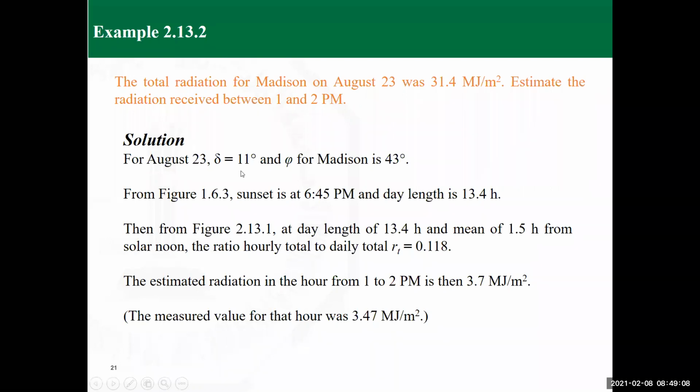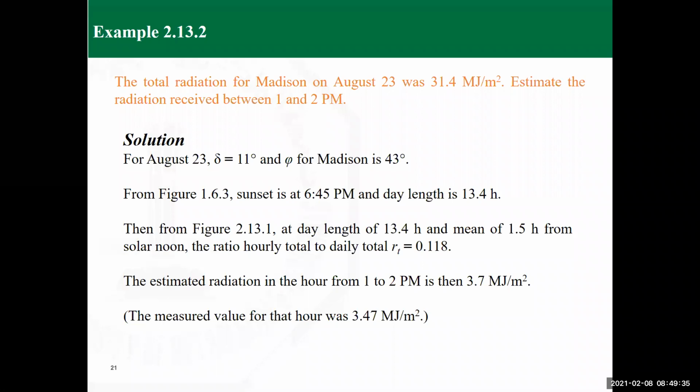Then you substitute that in the correlation that provides us with the declination angle. You calculate delta. We know that phi is equal to 43 for Madison. Then going to figure 163, you'll find the sunset hour, which is the figure given by Wheeler, or if you like, you can go to the equation that provides us with omega s, the sunset hour.